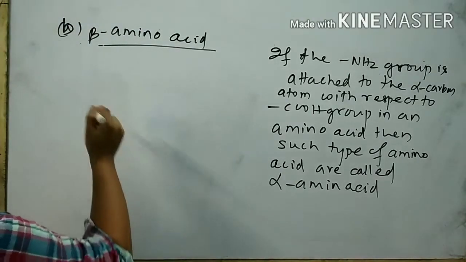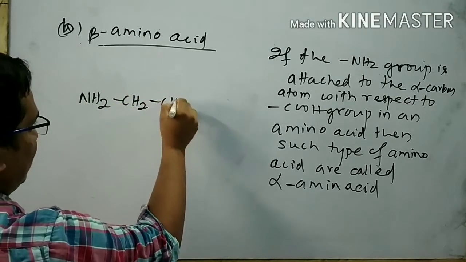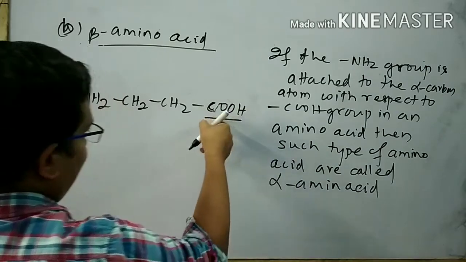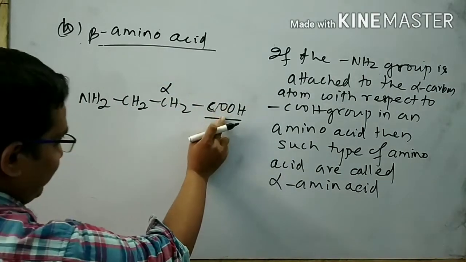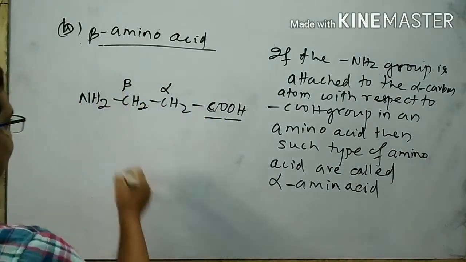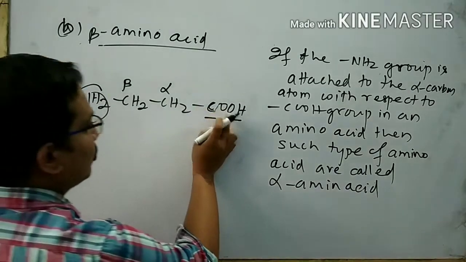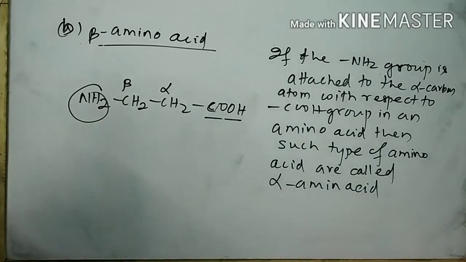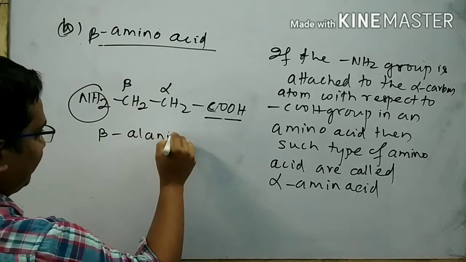Take an example of a beta amino acid: NH2-CH2-CH2-COOH. This is the carboxylic group and this is the alpha carbon with respect to this functional group. This is the beta carbon, and NH2 is attached to the beta carbon with respect to the COOH group, so it belongs to the beta amino acid, and the name of this compound is beta alanine.